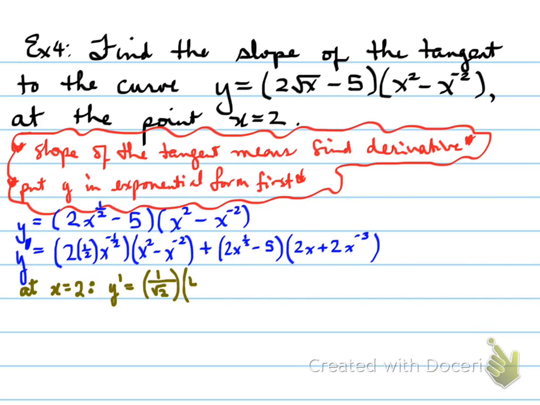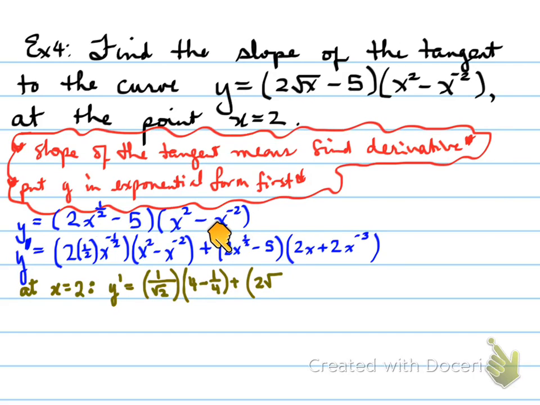And you get 1 over root 2 times 4 minus 1 over 4. Where did that come from? Well, 2 times a half is 1. We plugged in a 2 here. 2 to the negative a half is 1 over root 2. 2 squared is 4 minus 2 to the negative 2, which is 1 over 4. That's where that came from.